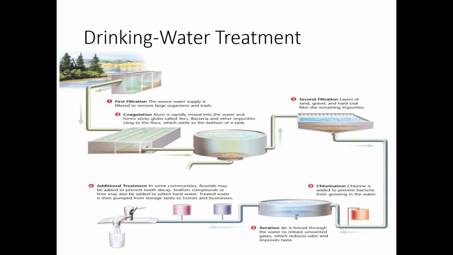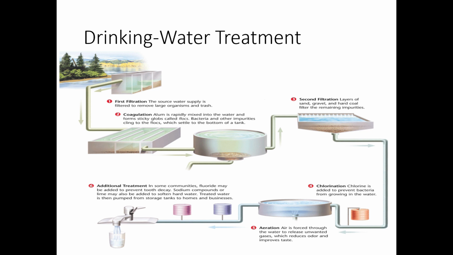This diagram right here gives the typical drinking water treatment, where the first step is where you just filter out the biggest things, your large organisms and large pieces of trash. Then step two is coagulation, which means something clumps together.